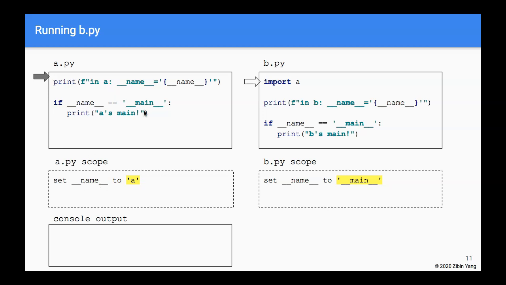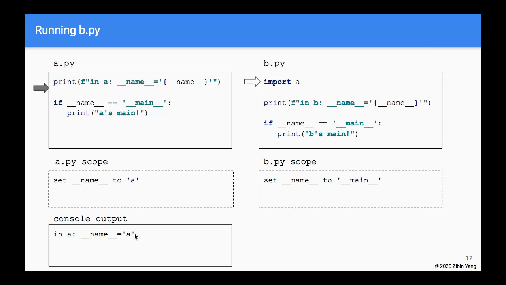In this case, because we are not running a.py, remember, we're running b.py but importing a inside it, the dunder name in a.py is set to a and not dunder main. That's the key difference here. And when it prints it out, you will see in the console output that the dunder name in a is actually a.